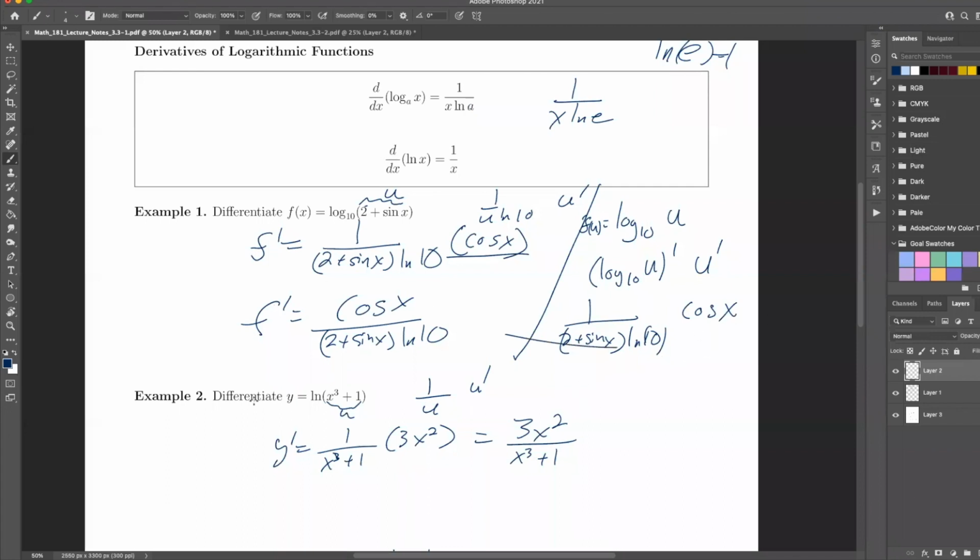And then you just put it together. So I simplify my function and then take its derivative. That'd be 1 over u ln 10. Then I plug in what u was, 2 plus sine of x. But since I did my chain rule, I have to do the derivative of what I replaced it with, so u prime would be cosine of x.